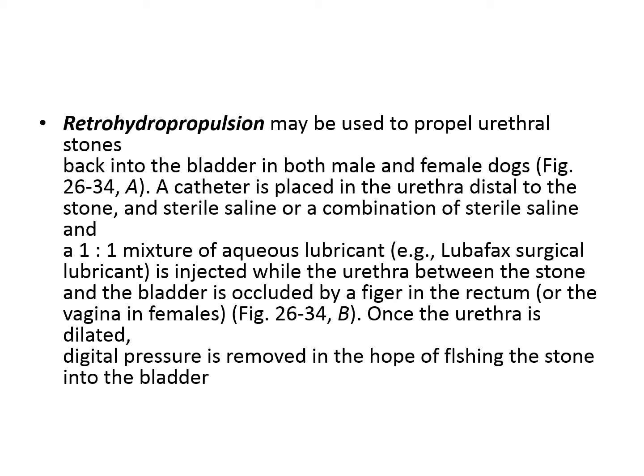Water containing lubricant is passed through the catheter, and this stream of water generates pressure at the level of the urethral calculi. When a huge pressure is produced and the urethra is dilated, the finger pressure is relieved and it will propel the urinary calculi back into the urinary bladder. So the animal can be relieved with this.